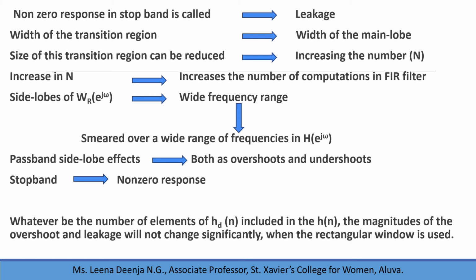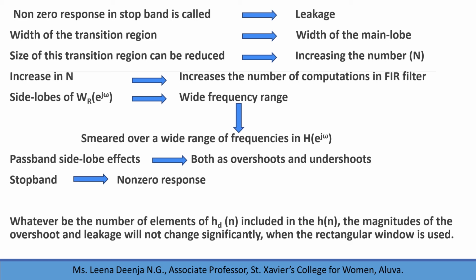Since the side lobes of WR of e raised to j omega extend over a wide frequency range, the large magnitude components in HD of e raised to j omega become smeared over a wide range of frequencies. In the pass band, the side lobe effects appear both as overshoots and undershoots to the desired response. In the stop band, these effects appear as non-zero response.